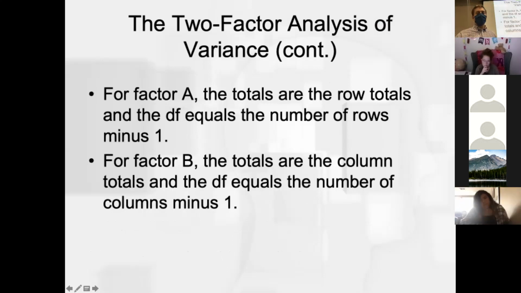For factor A, the totals are the row totals, and the degrees of freedom equals the number of rows minus 1. So what would be the degrees of freedom in that humidity and temperature example if humidity is factor A?